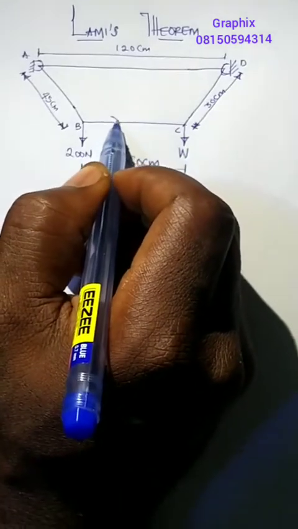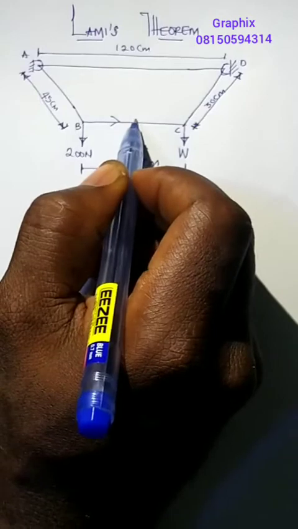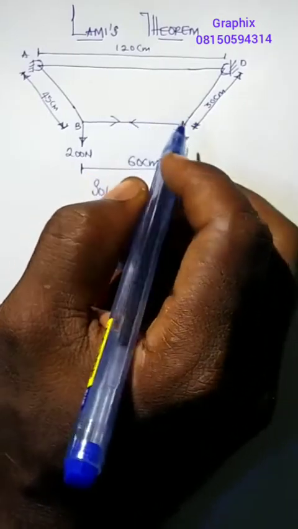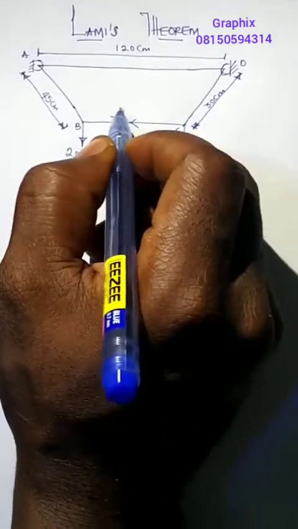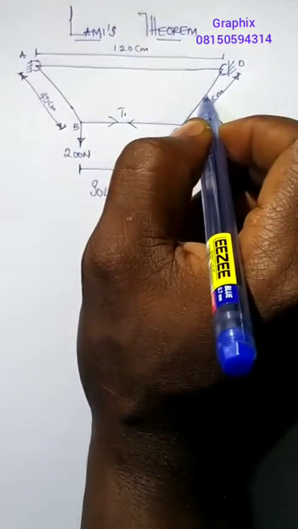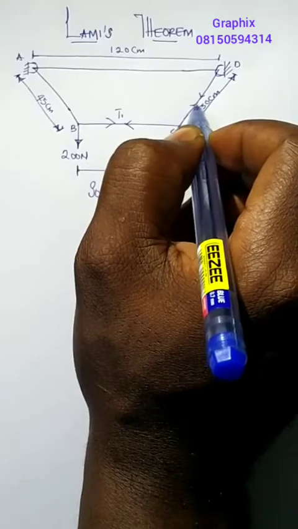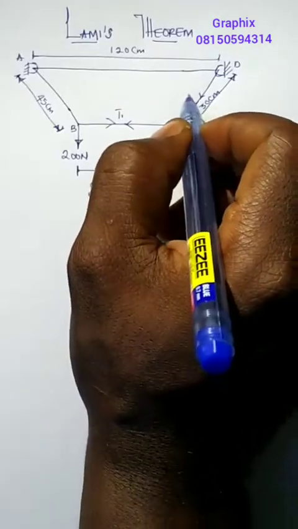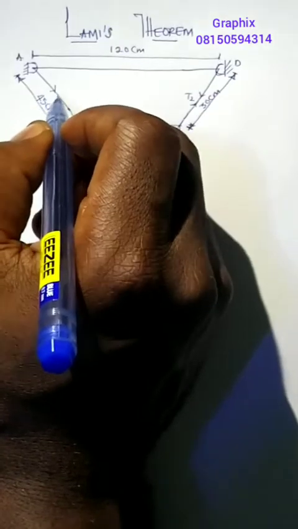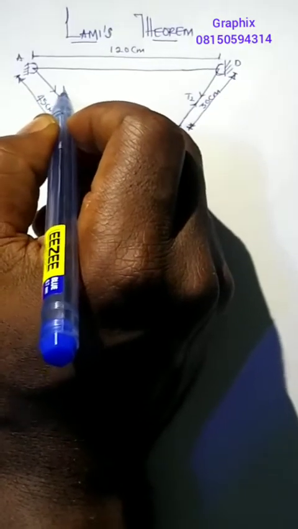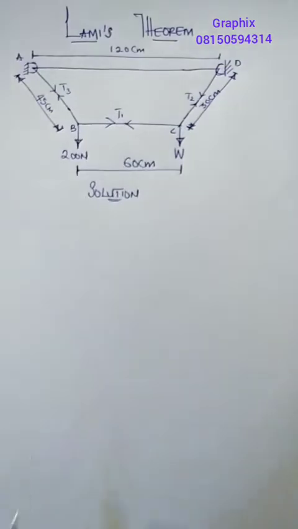This weight has developed a tension, right? So I will call this tension 1. And also here we have another tension, and I'll call it tension 2. Then here also we have another tension, I'll call it tension 3.